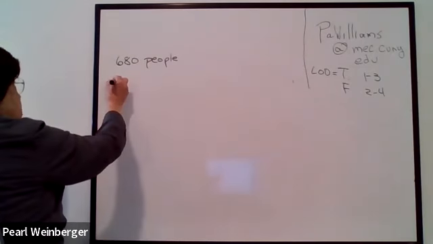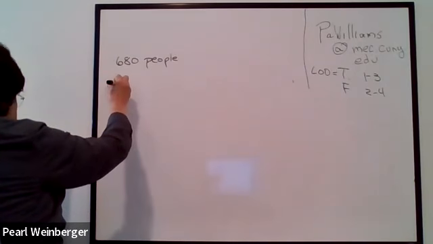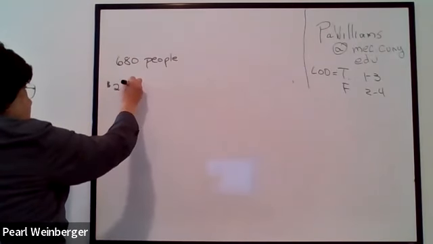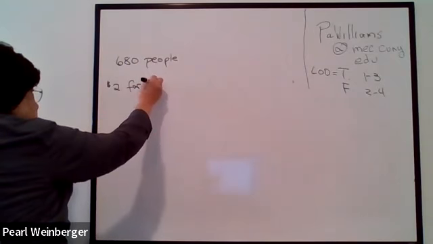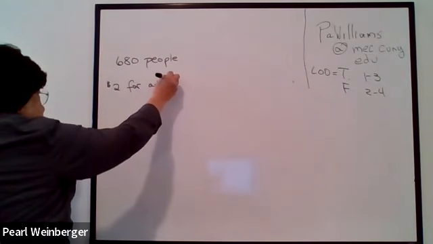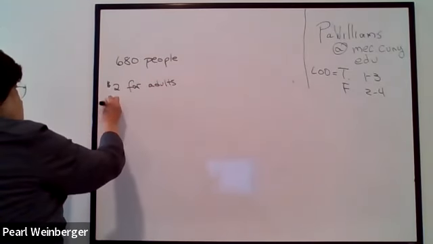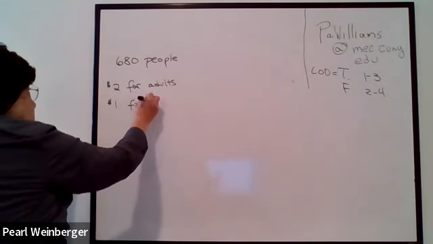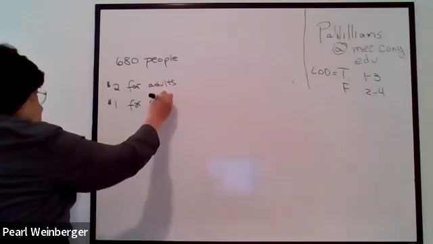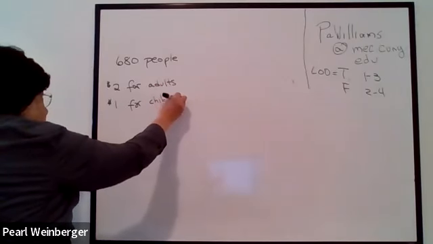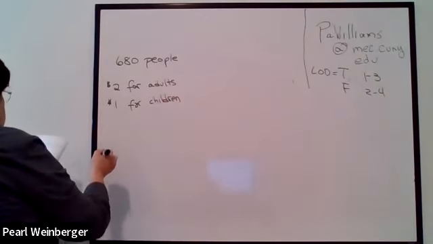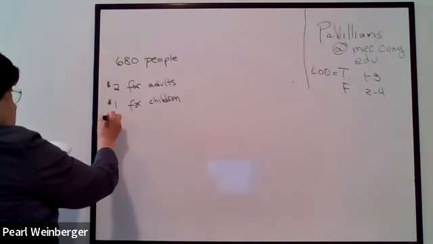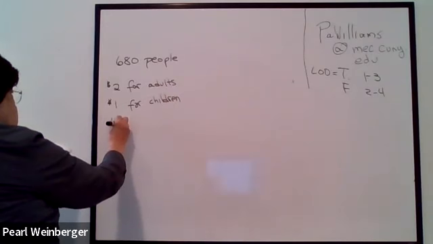The admission price was $2 for adults and $1 for children. And the admission receipts, the total amount of money they got, was $1,010.